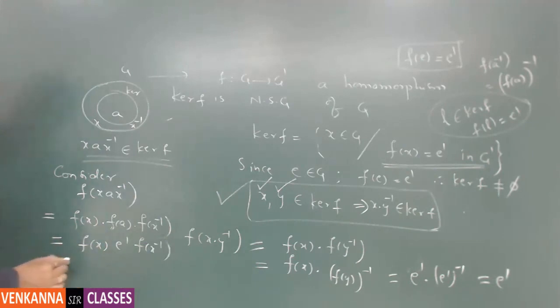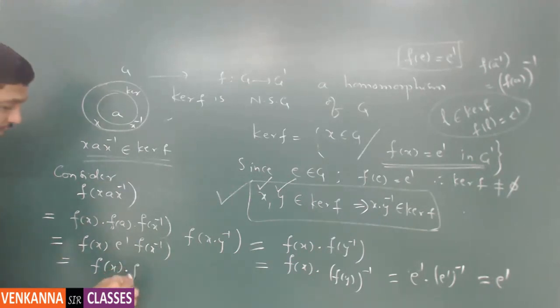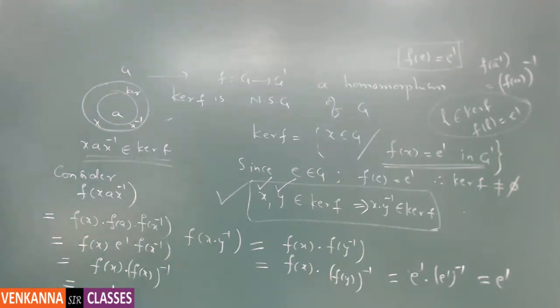So this is f of x into f of x whole inverse. So this is nothing but identity, because an element and its inverse, whenever you multiply together, you will get identity. Therefore, this value belongs to the kernel, hence it is a normal subgroup. So please take a note of that.